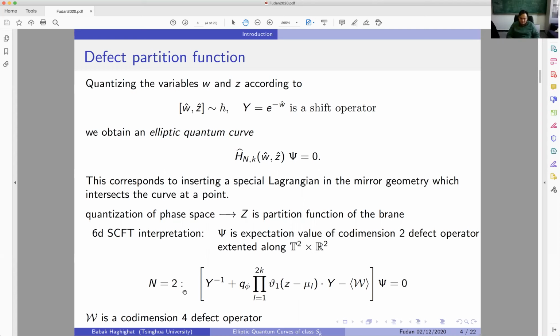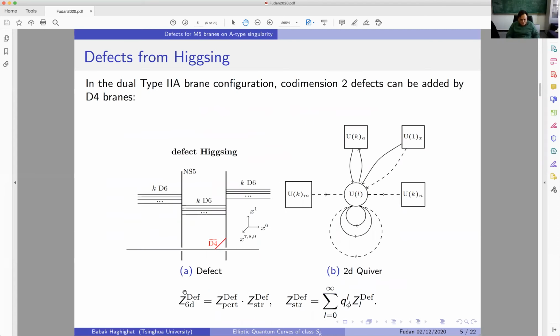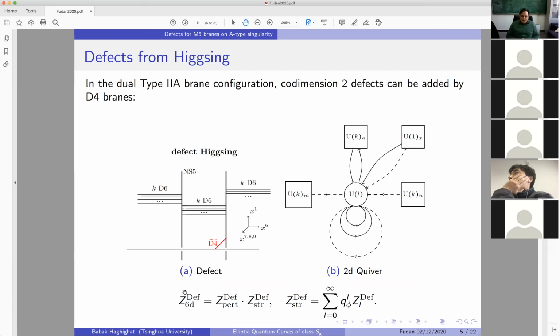Any other questions? Okay, then let me continue. So how do we describe these defects and how do we compute these partition functions? We had these two frameworks.